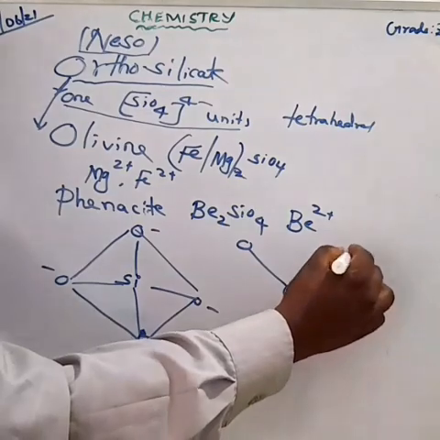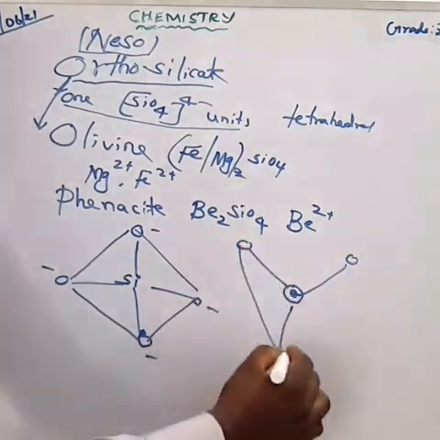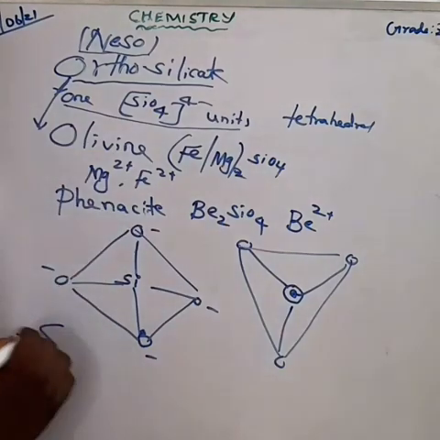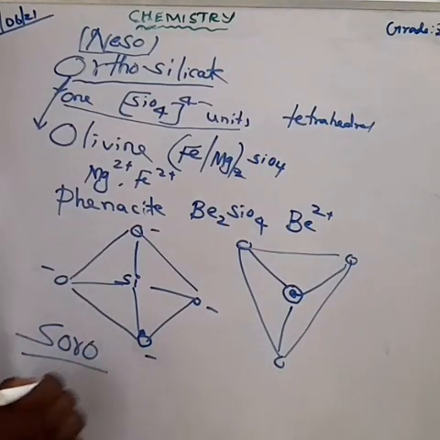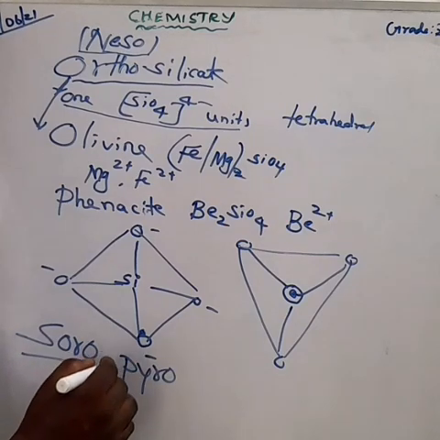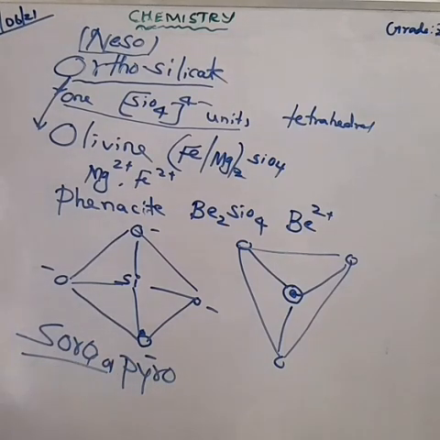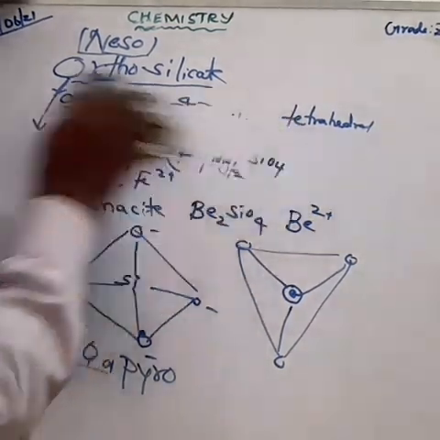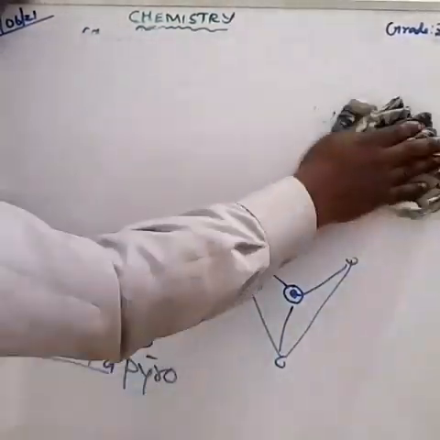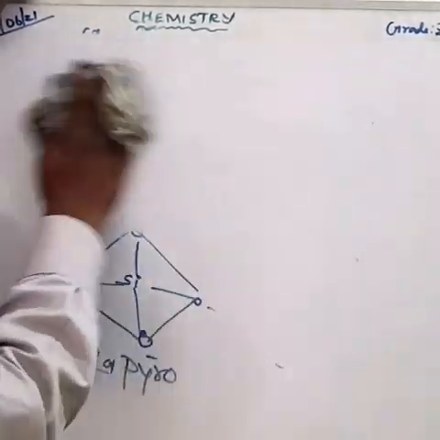Next is sorosilicate, S-O-R-O, otherwise we can say pyrosilicate, P-Y-R-O. Sorosilicate, otherwise pyrosilicate. What does the S refer to?